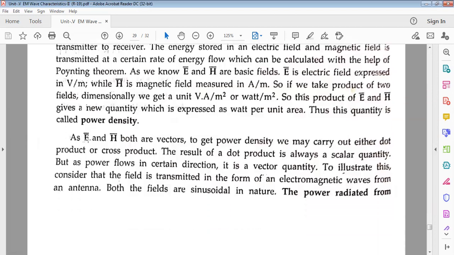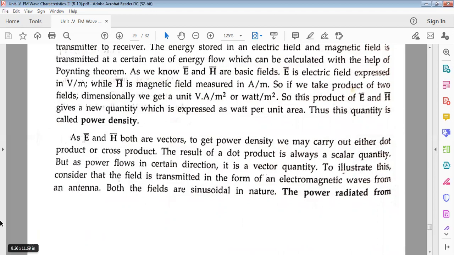As E bar and H bar both are vectors, to get the power density we may carry out either the dot or the cross product. The result of a dot product is always a scalar quantity, but as power flows in a certain direction, it is a vector quantity. To illustrate this, consider the field transmitted in the form of electromagnetic waves from an antenna.